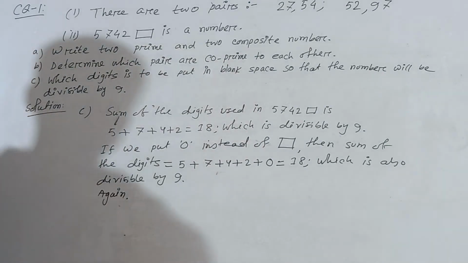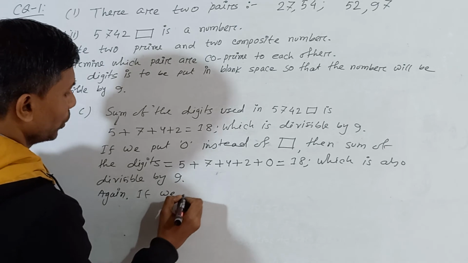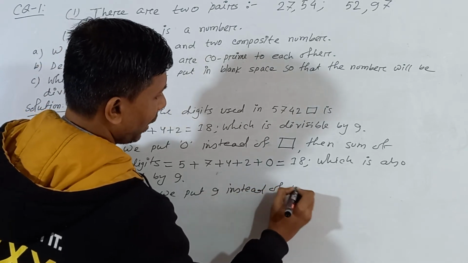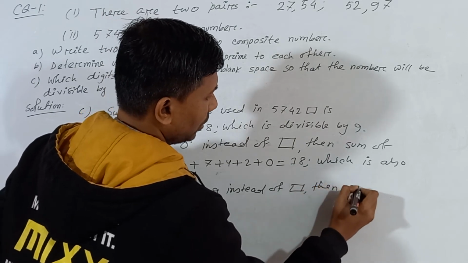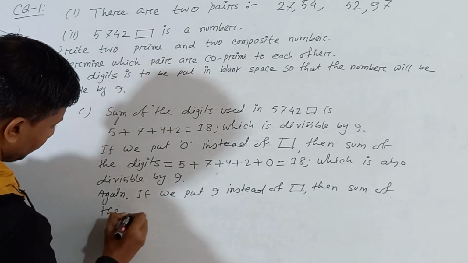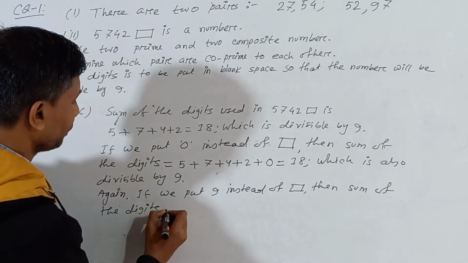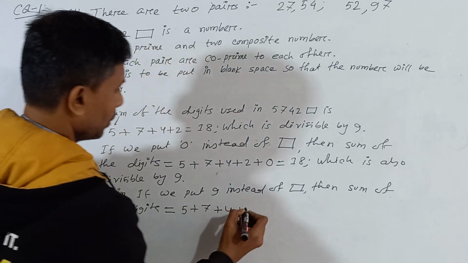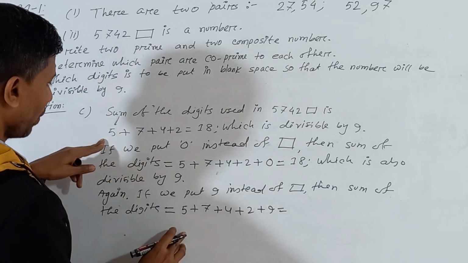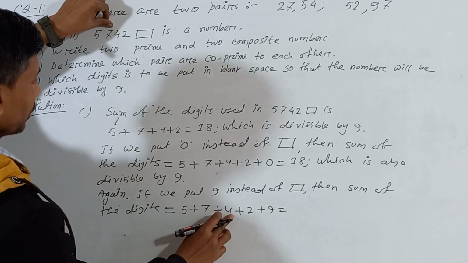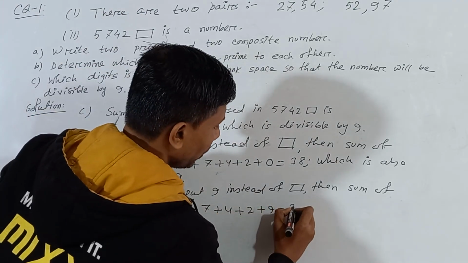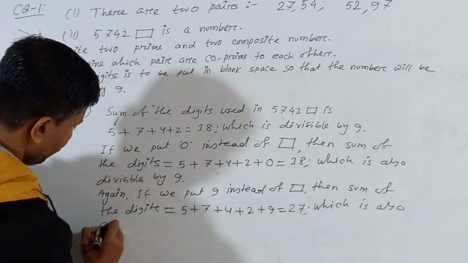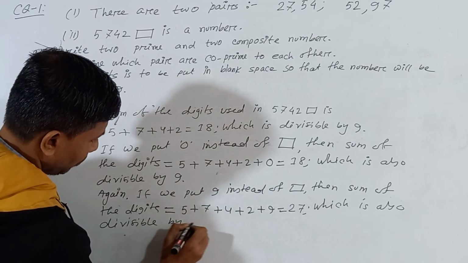Okay, student, look, if we put 9 instead of the blank space, then the sum of the digits 5 plus 7 plus 4 plus 2 plus 9 equals 27, which is also divisible by 9.